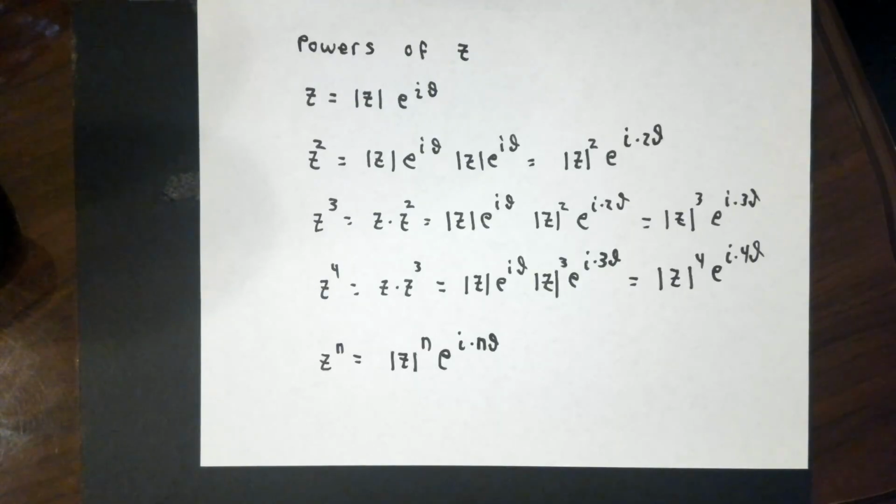At this stage, it's worth mentioning that there is a little bit of wiggle room when we figure out what the theta is for a complex number. If I had a certain theta value, I could add any multiple of 2 pi radians or any multiple of 360 degrees, and my location would be the same.